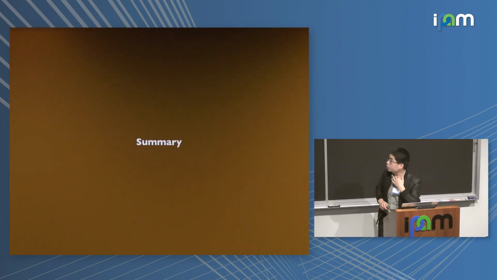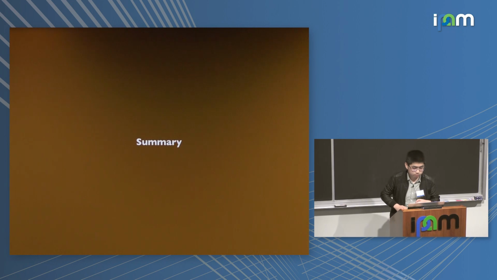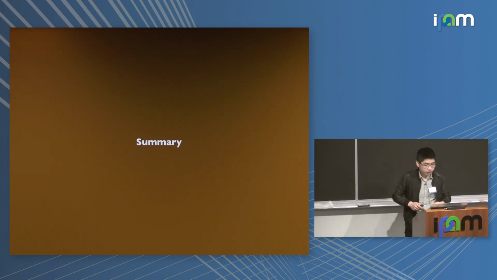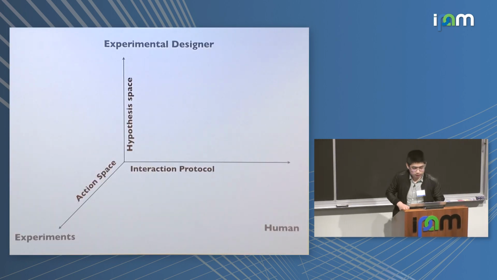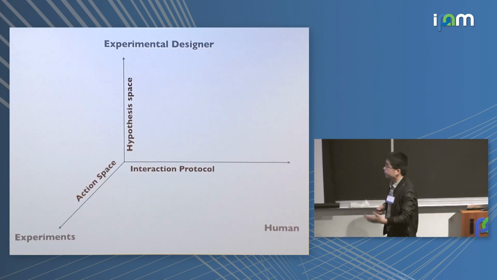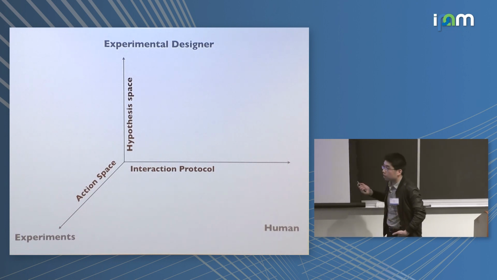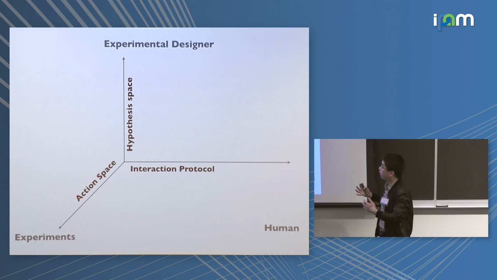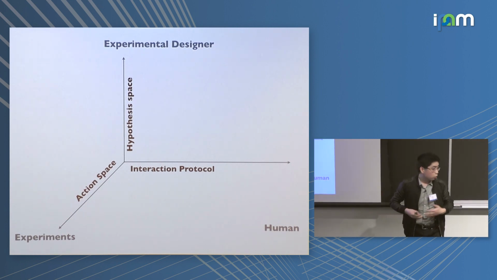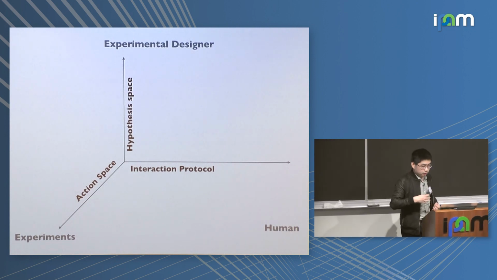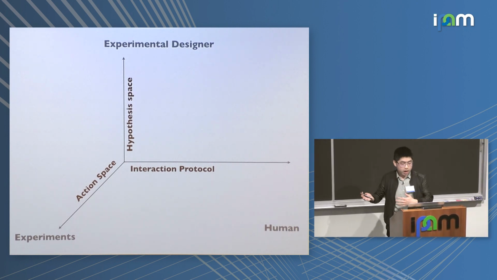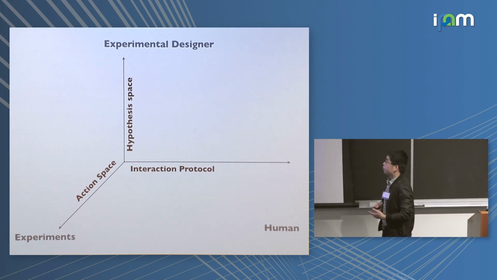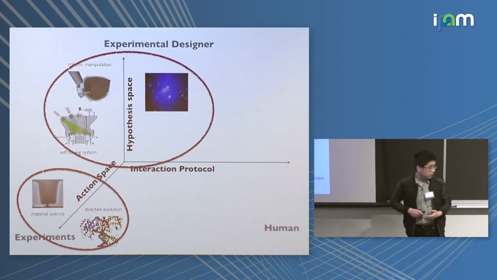And I want to give you a brief summary and outlook of this basic experimental design direction in general, and highlight a couple of directions that our group is currently actively working on. We have talked about complicated hypothesis space, which largely draws from physical insights, what model we should use, and which will go into the prior information and also give us some structured information about what action we should explore next.